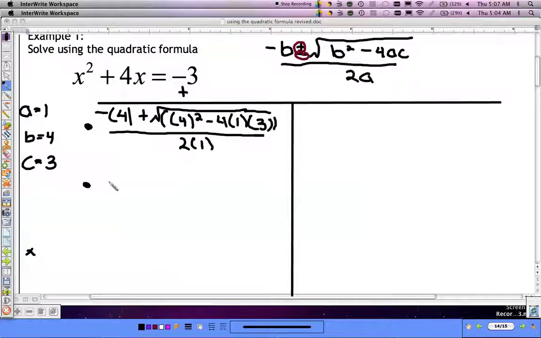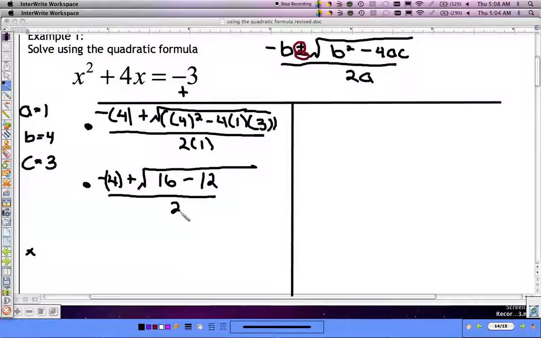All right, so we have negative 4 still, plus the square root of 4 squared is 16, minus 4 times 1, which is 4, times 3 is 12, over 2 times 1, which is just 2.